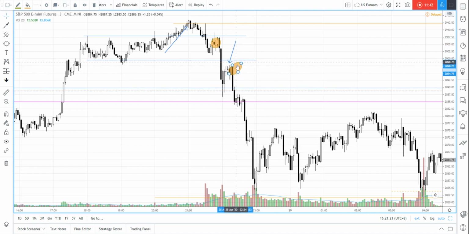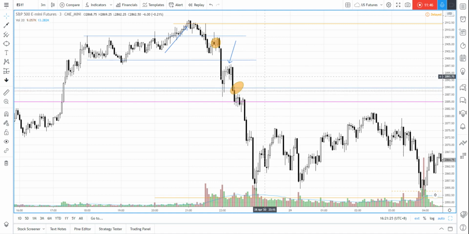I can take the entry at this bar. So this is the second entry, but if you really like to push it forward, then probably you can take the stall here, where you can see the price consolidate.